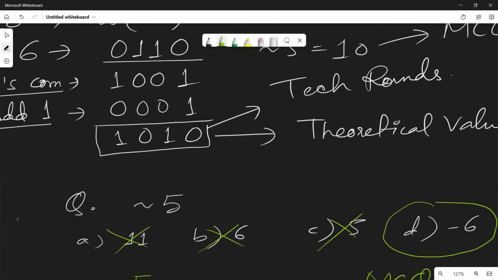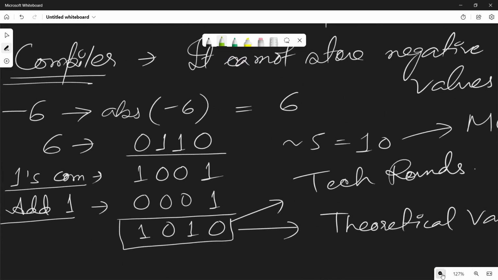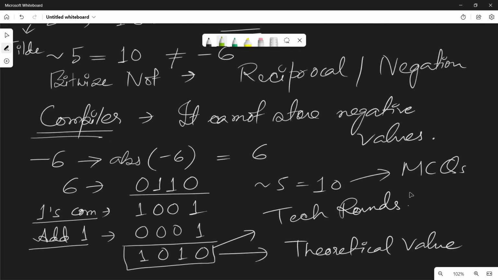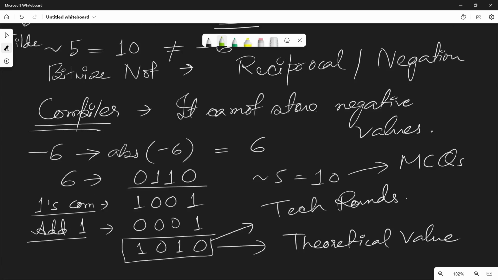As I said, you can go here and understand this. Let me just reduce the size a little bit. Okay, as I told you earlier, your compiler cannot understand negative values and cannot store it. So we take the absolute value like this, you can see here, and then we convert it to binary here, and then we take one's complement as you see here, and then we add 1, and then we finally get the theoretical answer.